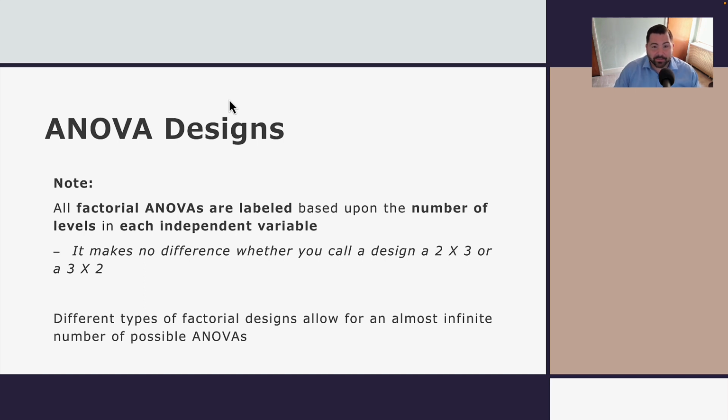So for example, if I had a factorial ANOVA where I had one independent variable with three possible groups, let's call it a low dose, a moderate dose, and a high dose of a given drug. Well, that is three possible groups.